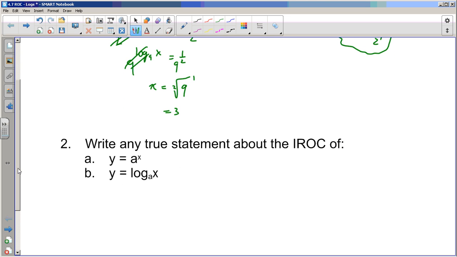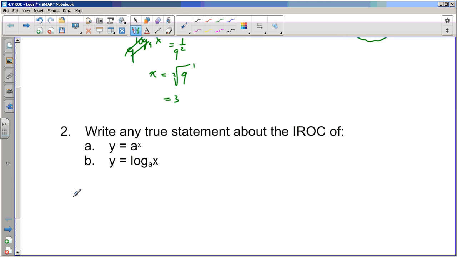Number 2, leading into today's stuff, write any true statement about the IROC of y equals a to the exponent x. And this is meant to just sort of get us starting to think about it. An exponential function, we might be tempted to think of it like this, where this is 1 and this is the point 1, a, and over here we got -1 and 1 over a.